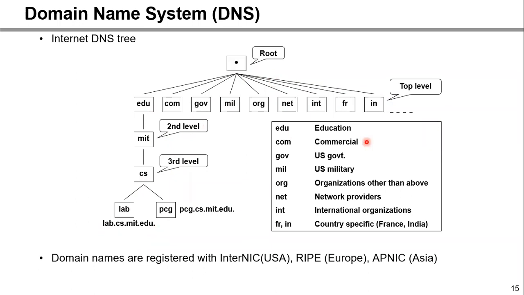If we have mitwpu.edu.in, then there will be an edu section, an MIT WPU section, a CS department, sorry, a CET department, and so on. So you'll have the names of a particular machine designed like this.